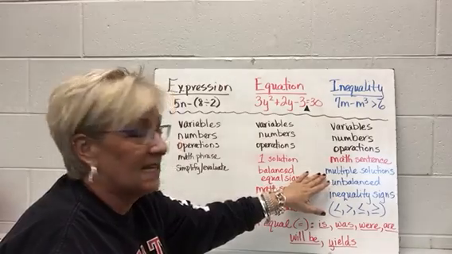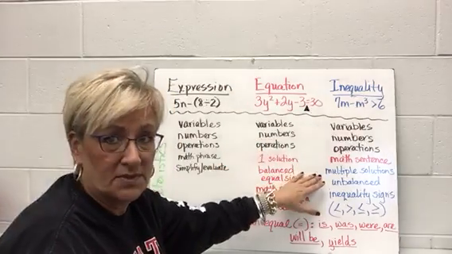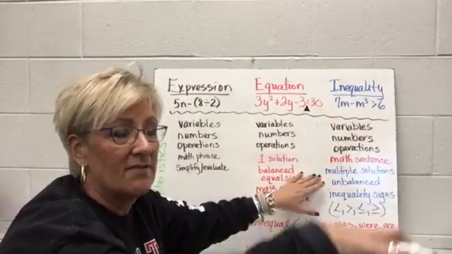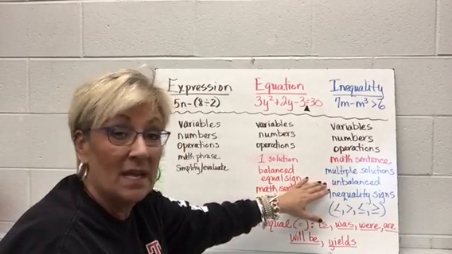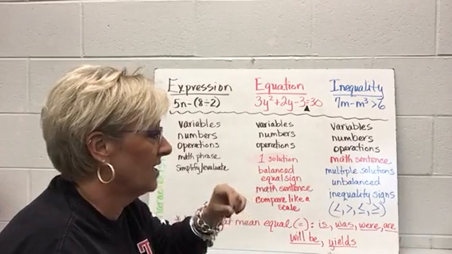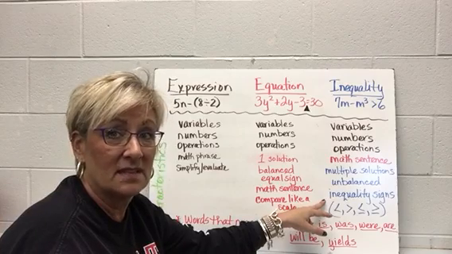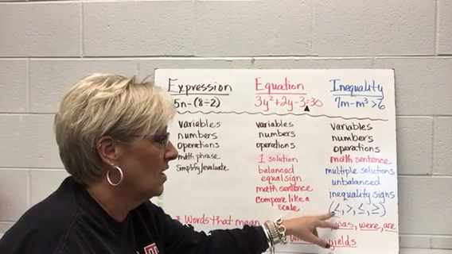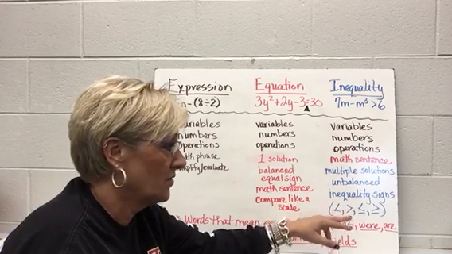The difference in an inequality and an equation is there will be multiple solutions. Anything to the right of 5 could be a solution to something. So it will be unbalanced, okay, because you could have all these numbers on one side or the other, and it will be inequality signs that will tell you that this is an inequality. We will be using, again, the less than, greater than, less than or equal to, greater than or equal to sign.